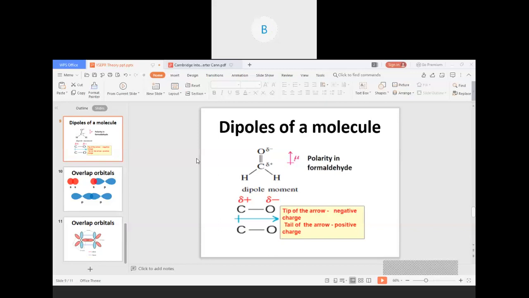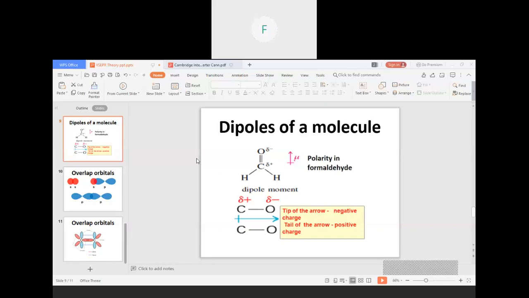How many bond pairs? Three. If we answer 3 bond pairs, it is not correct. It is 4 bond pairs.